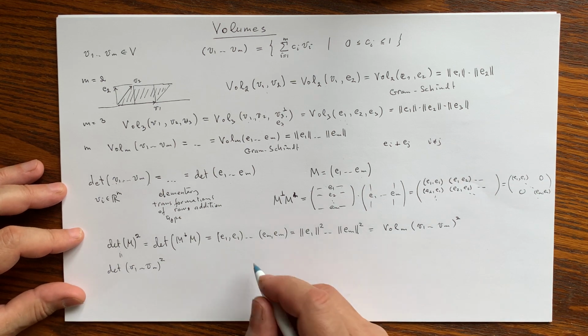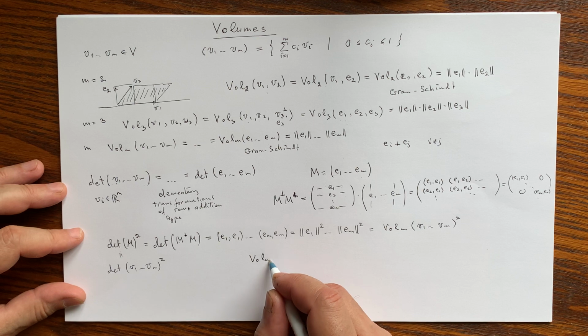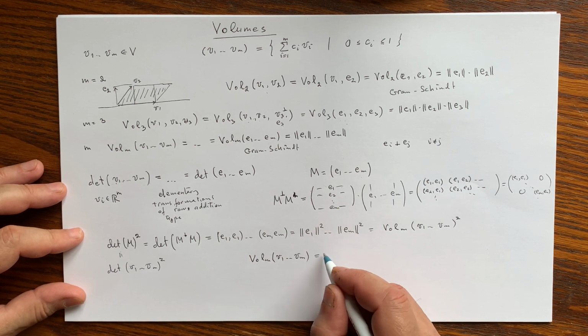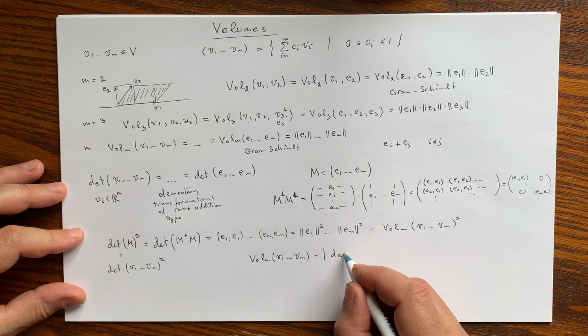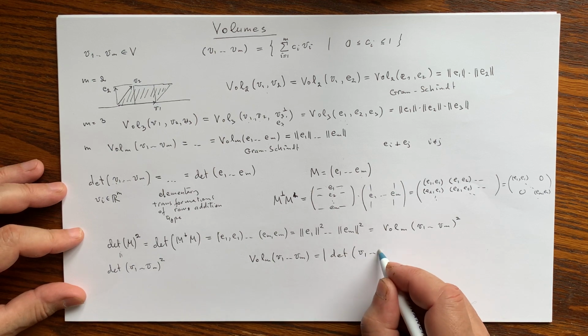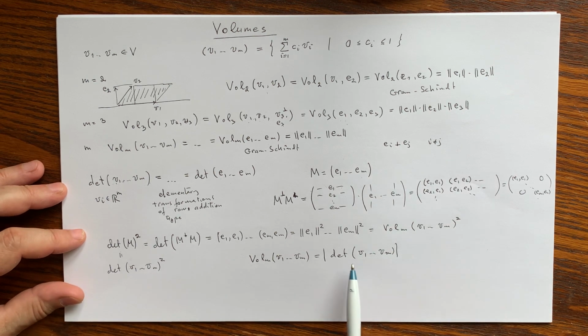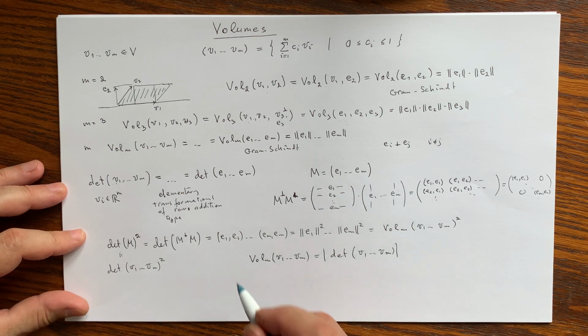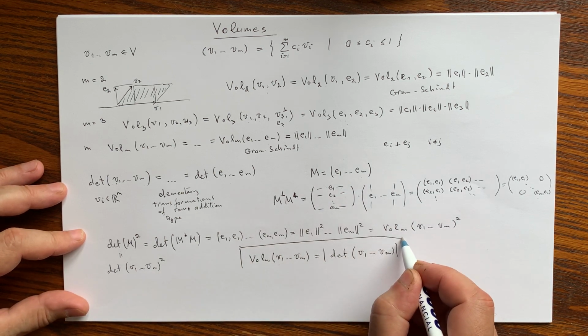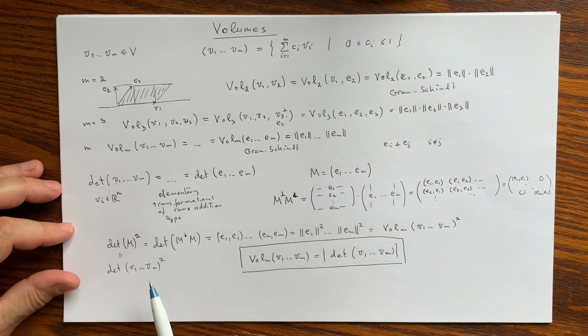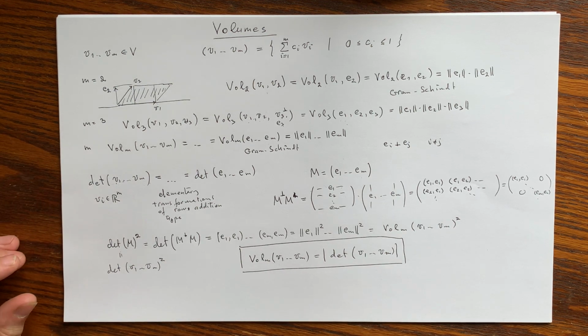We can take the square root of that equation, and volume is always non-negative. And then we have the answer for the volume in terms of the determinant, that it is the absolute value of the determinant. If it is negative, it has to change its sign to match the volume. So that is the result of putting together several facts from orthogonal linear algebra. See you later.